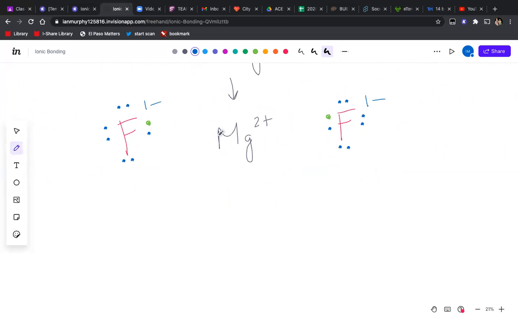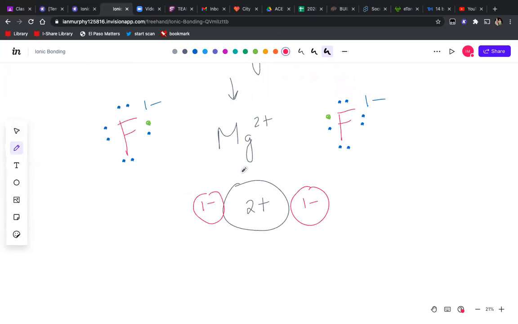what you would have is magnesium with a 2 positive charge. And then what you have here is fluorine, and these fluorine atoms are actually going to be a little bit smaller, both with a 1 minus charge, okay?